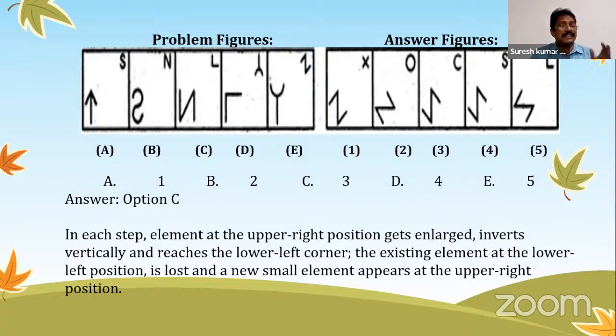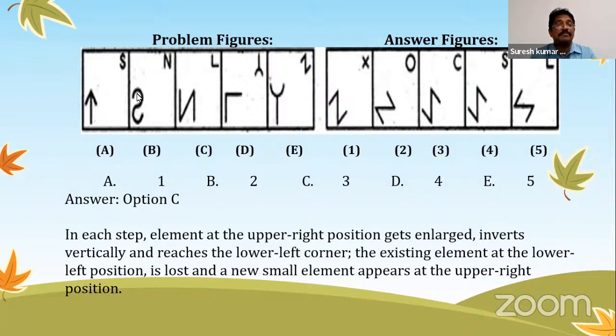The letter or symbol which is in the left corner position disappears. And a new one, here an arrow, here N, will appear in the upper right position, correct? This was a bigger one, this is a smaller one. This is the smaller one which was enlarged.